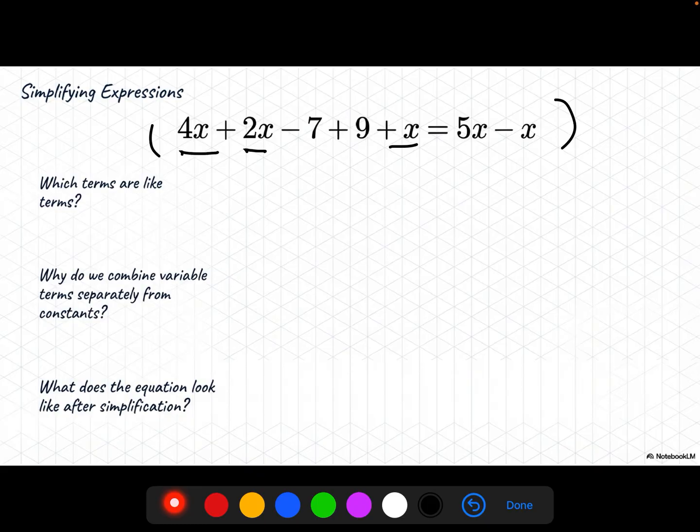All the x terms are like terms, and the constants are like terms. We combine variable terms separately from constants because x terms represent unknown amount groups. Constants are fixed numbers. Now we simplify.